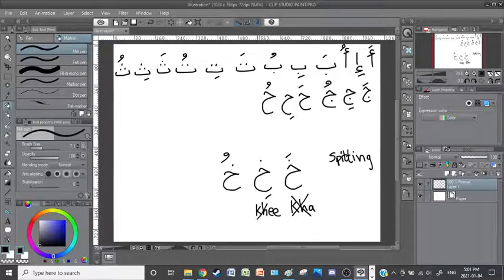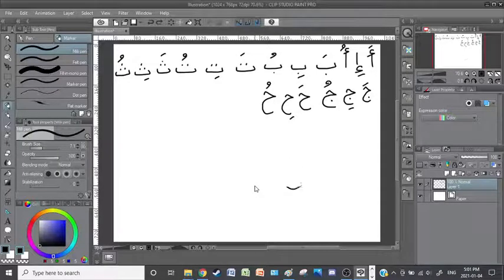But again, I'll just cross it out to remind you that it is not Ki. You have to say Kh. And lastly, Kha with a dhamma is Khu. But again, it is quite difficult to teach this language with the Latin alphabet because these letters do not exist, unfortunately. So I hope I am explaining this clearly, or as clear as I could muster.